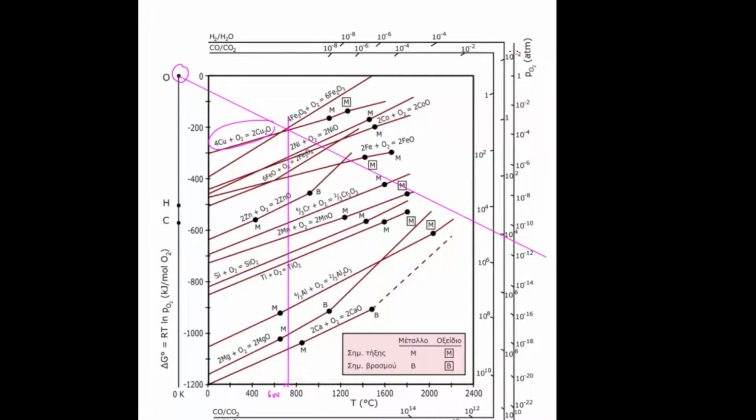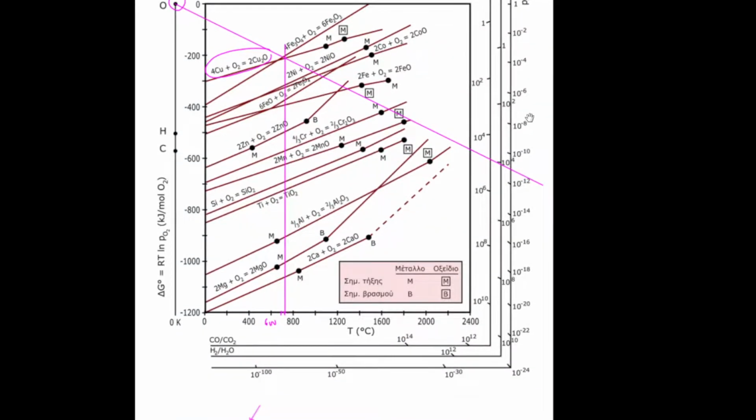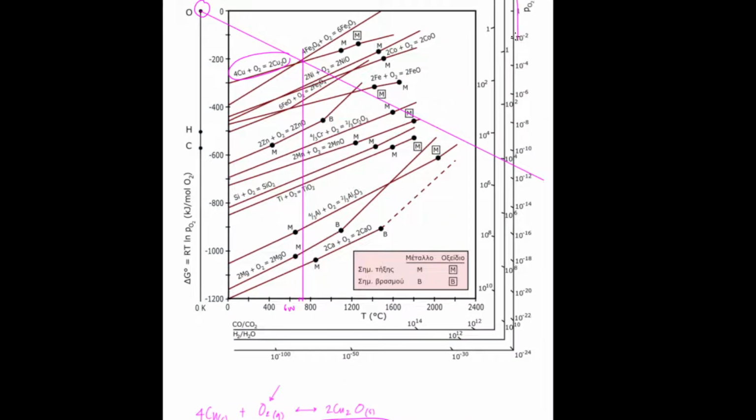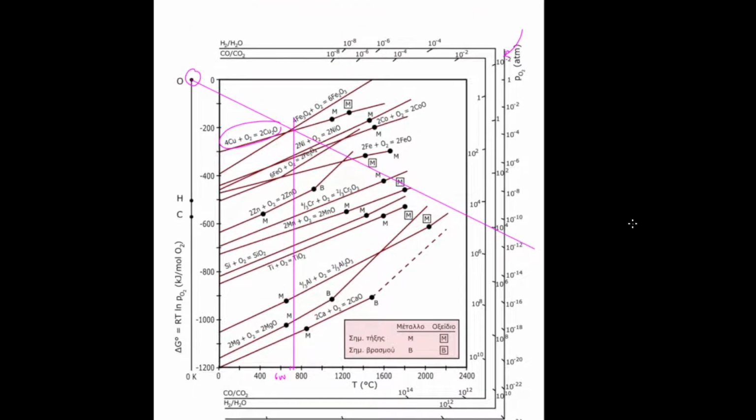Itong line na to. Tama? This is the PO2 line. So, if I were to draw it, ito siya. Kasi ito yung H2O, itong nasa middle, H2, H2O. Tapos yung pinaka left side, inner, is the PCO and CO2. Okay? So, this is the intersection, ito sa PO2 line.